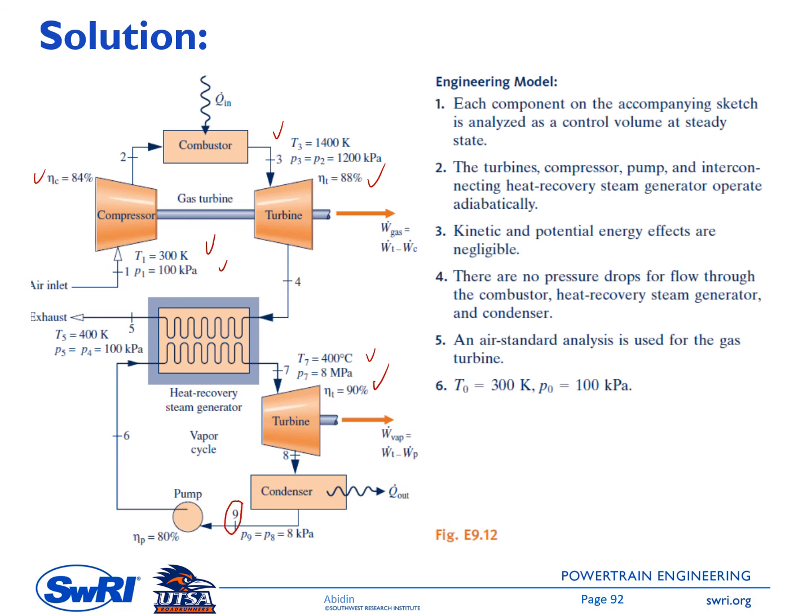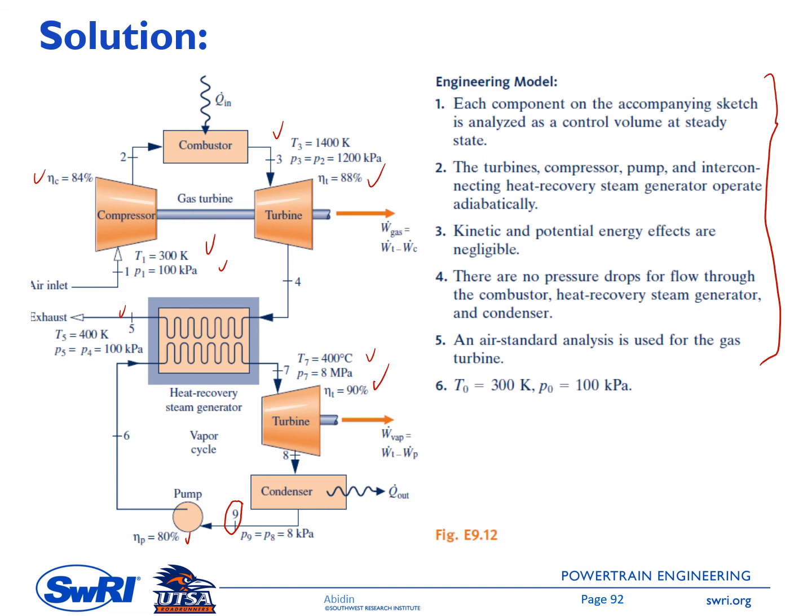It is assumed that state 9 is saturated liquid, pressure is 8 kilopascal, and the pump efficiency is 80%. At state number 5, the temperature is given, so T5 is 400 Kelvin and P5 equals P4, it is 100 kilopascal, and this is the assumption.